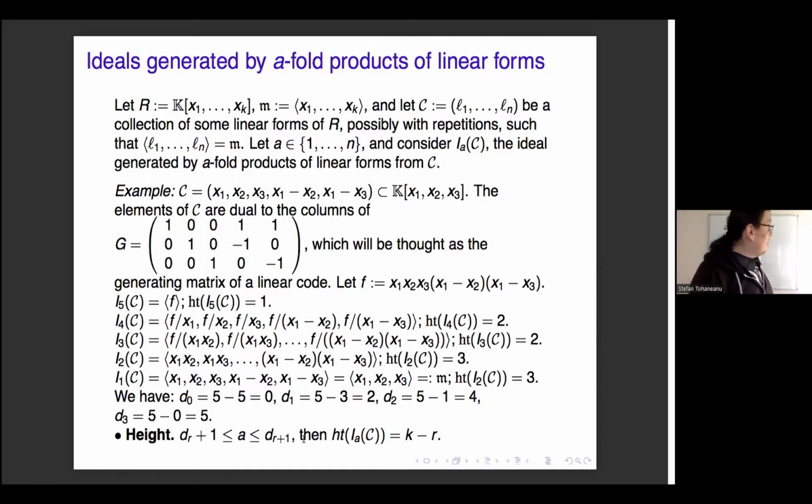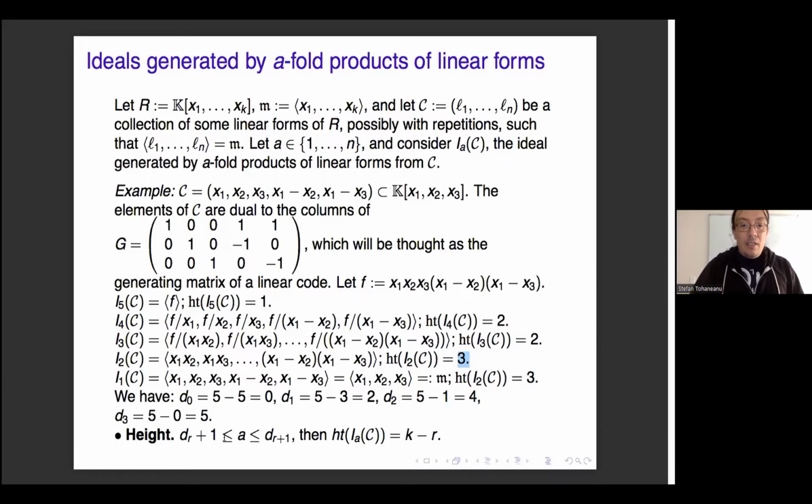So we don't have time to check this right now, but if r is 0, so if A is between 1 and D1, so between 1 and 2, the height should be 3 minus 0. Yes, indeed, we have a height 3 here, height 3 here.